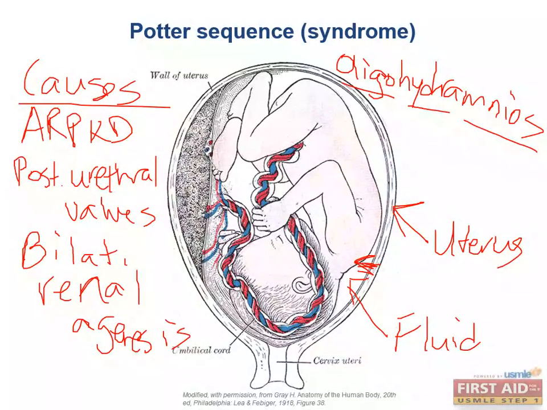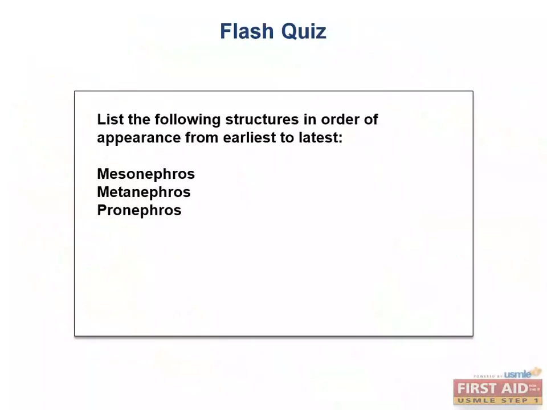So, what is the common theme among all of these conditions in causing Potter's syndrome? The common theme is the inability of the fetus to produce urine, which is also the amniotic fluid of the fetus.